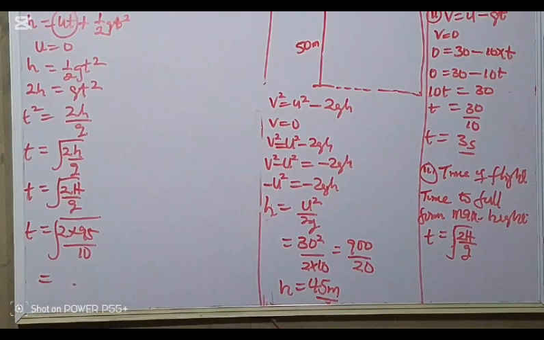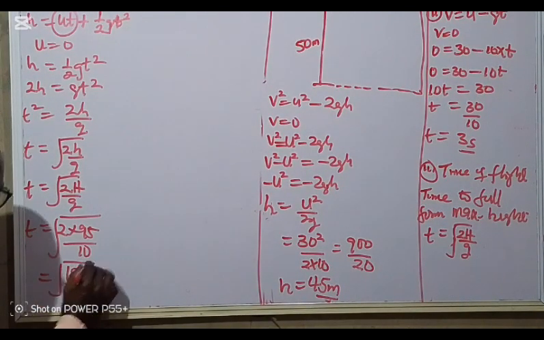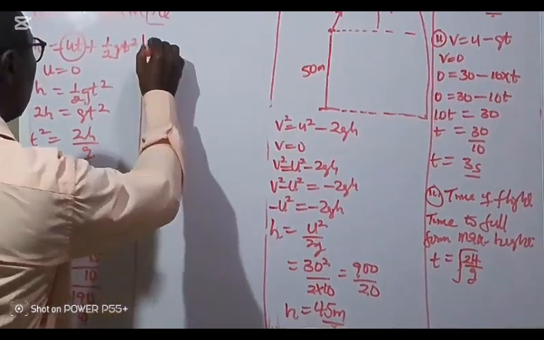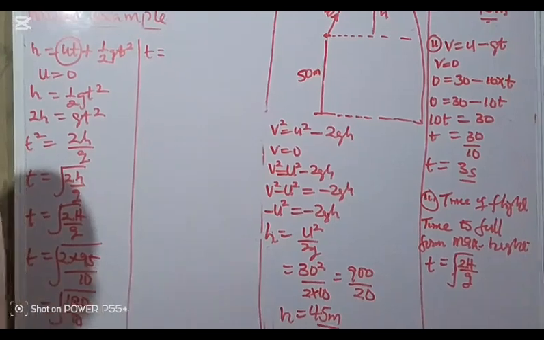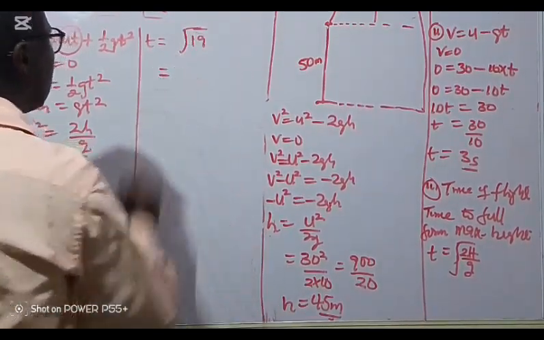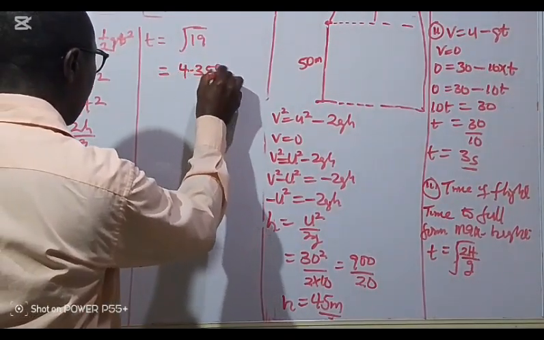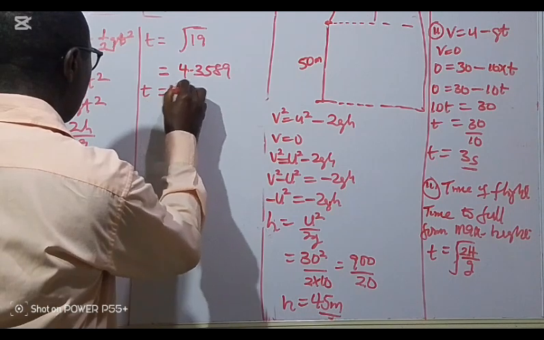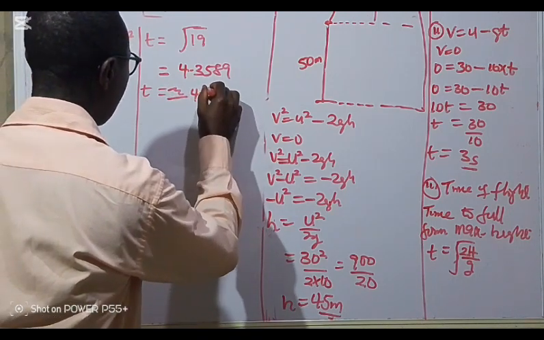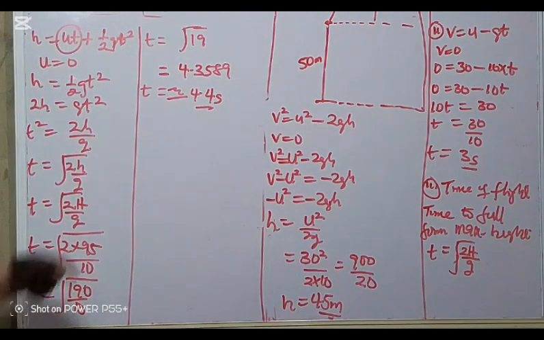That is 190 divided by 10, which gives the square root of 19, which is approximately 4.3589, about 4.4 seconds. That's the time to fall from maximum height to the ground.